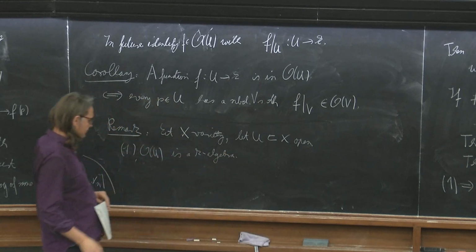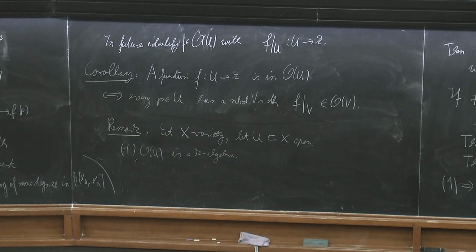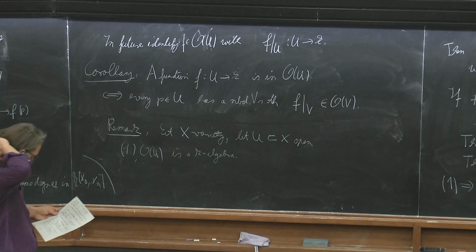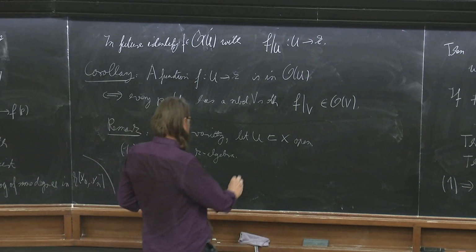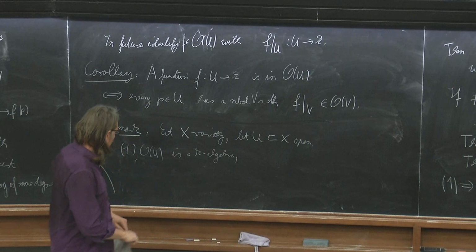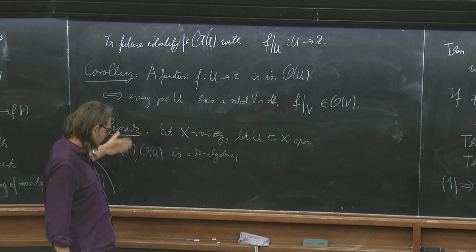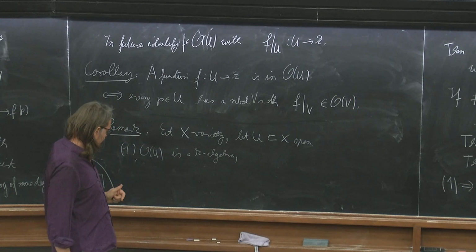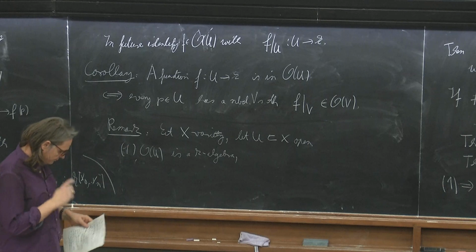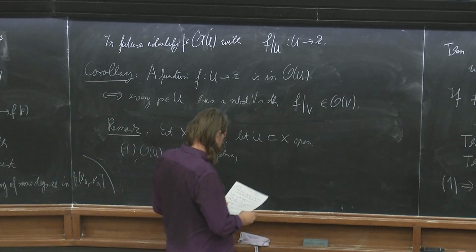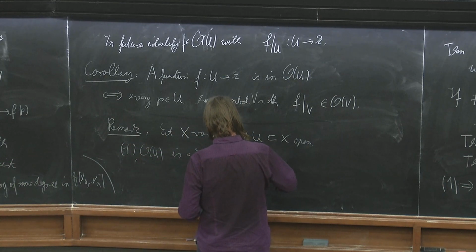So it's a ring, and it contains the constants as a subring, and it means you can put elements in O(U) into any polynomial. You replace the coordinates in a polynomial by elements in O(U), and you get an element in O(U).